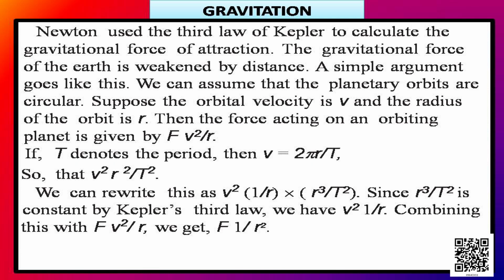We can rewrite this as v square is directly proportional to 1 by r into r cube by T square. Since r cube by T square is constant by Kepler's third law, we have v square proportional to 1 by r. Combining this with F is proportional to v square by r, we get F is proportional to 1 by r square.